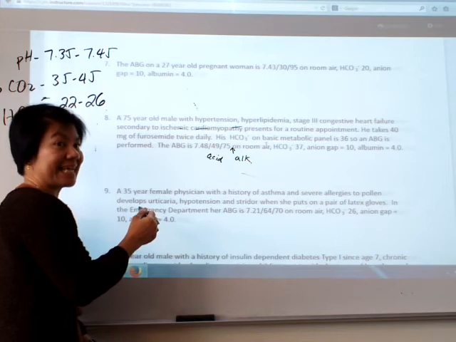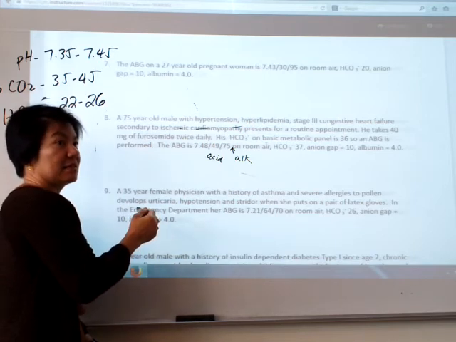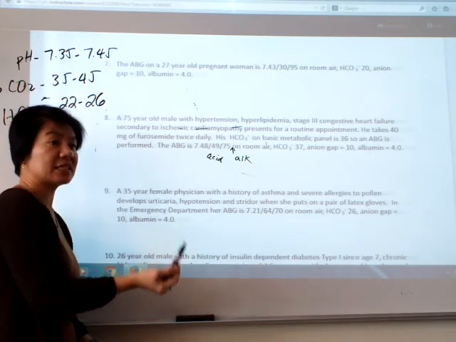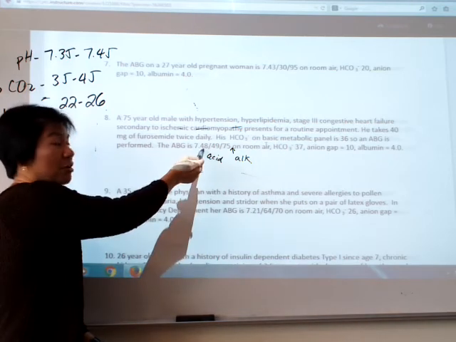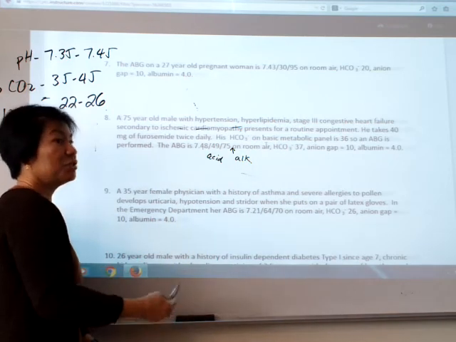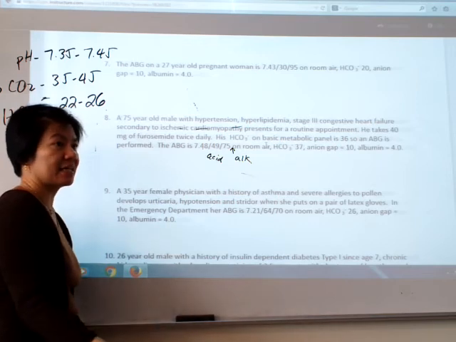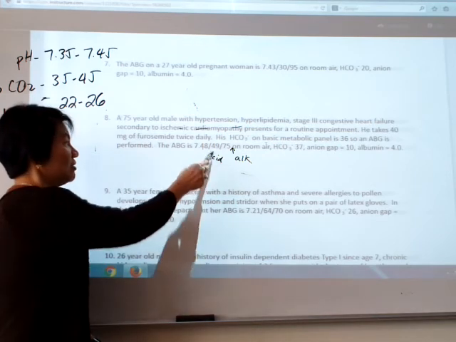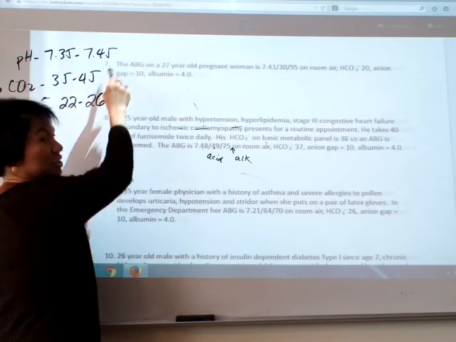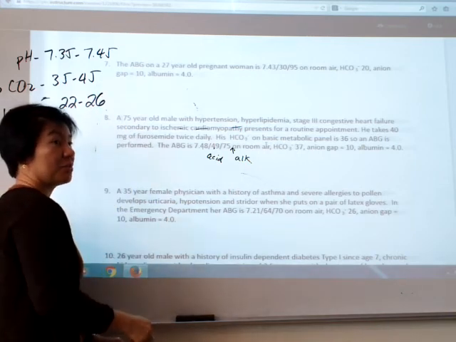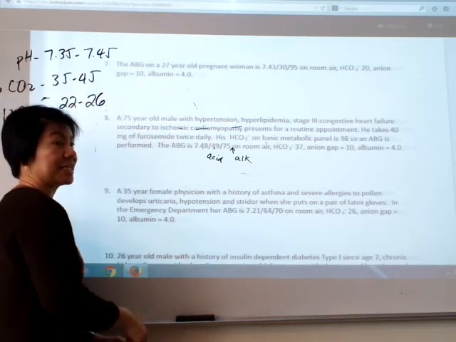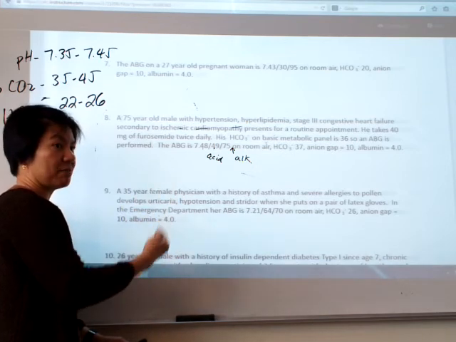Uncompensated or compensating? You can write uncompensated, that's correct because it's not compensated yet. You can also write compensating because I know that this is already trying to work. Both of them are correct answers, either compensating or uncompensated.